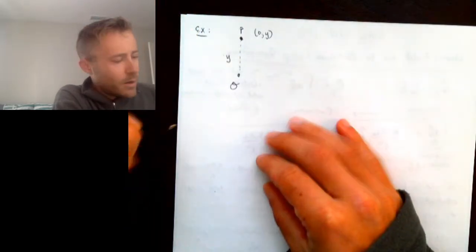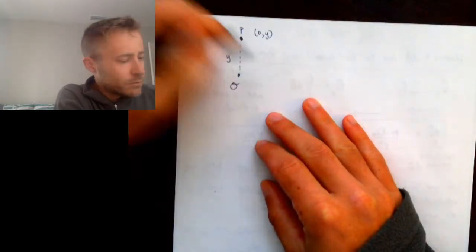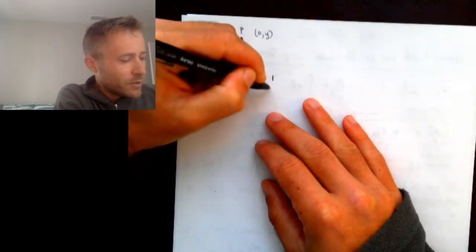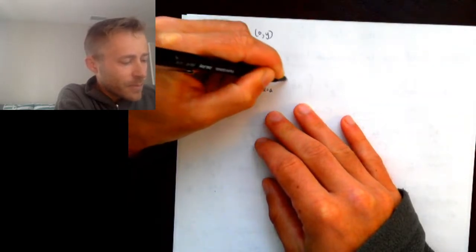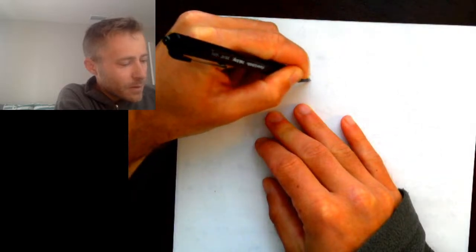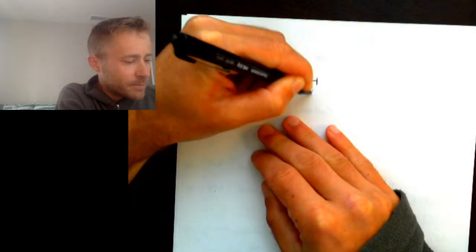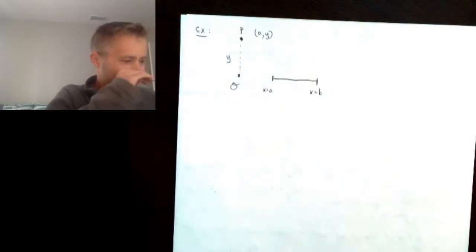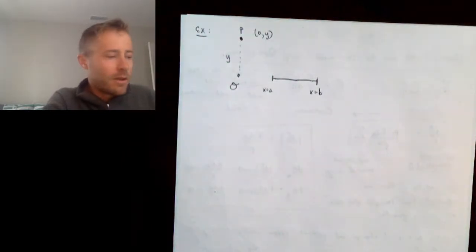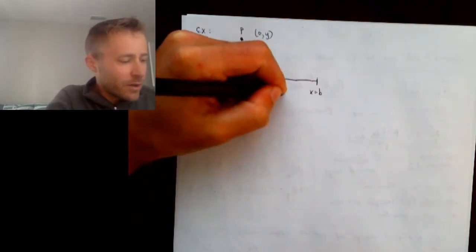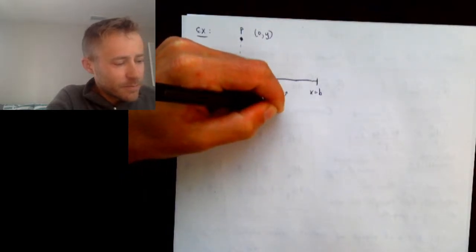Okay, and then we have a line of charge that extends from x equals a to x equals b, and it has a constant linear charge density.